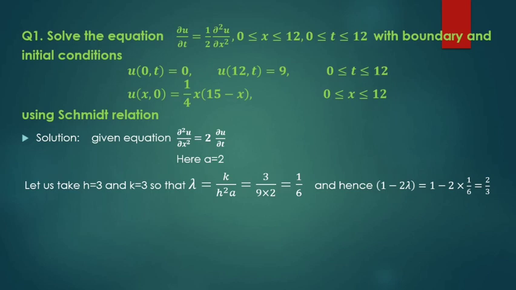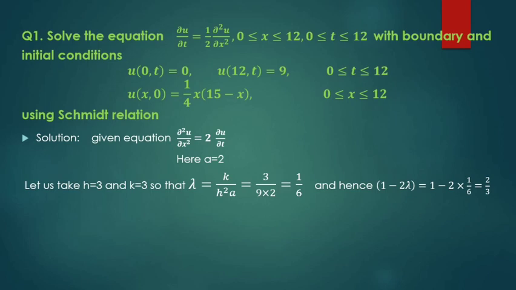Since the increment in x or t is not given, we may take h equal to 3 and k equal to 3, so that the formula for lambda, that is k divided by h square a, will give 1 by 6. For the Schmidt formula, we also need 1 minus 2 lambda, which is found to be 2 by 3.